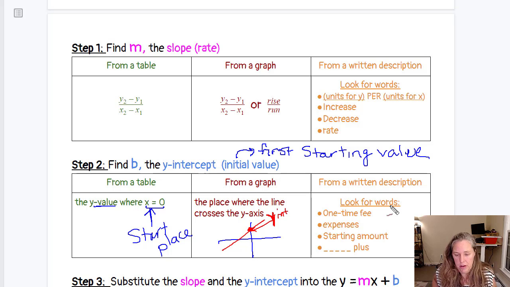The written description, sometimes you'll see these words. You might see one-time fee, you might see expenses, you might see starting amount, you might see something like the cost of a large pizza plus a variable number of toppings. Okay, that plus is sometimes a key. I am going to erase, so if you still need these, you should pause.